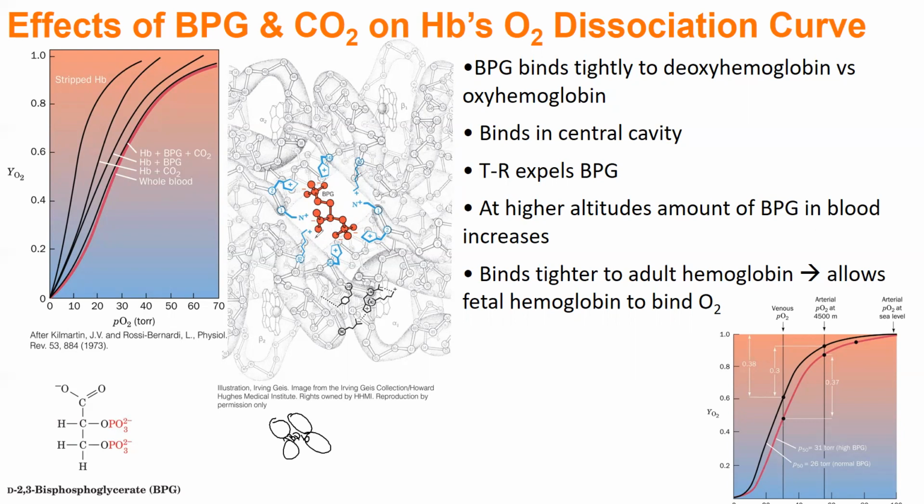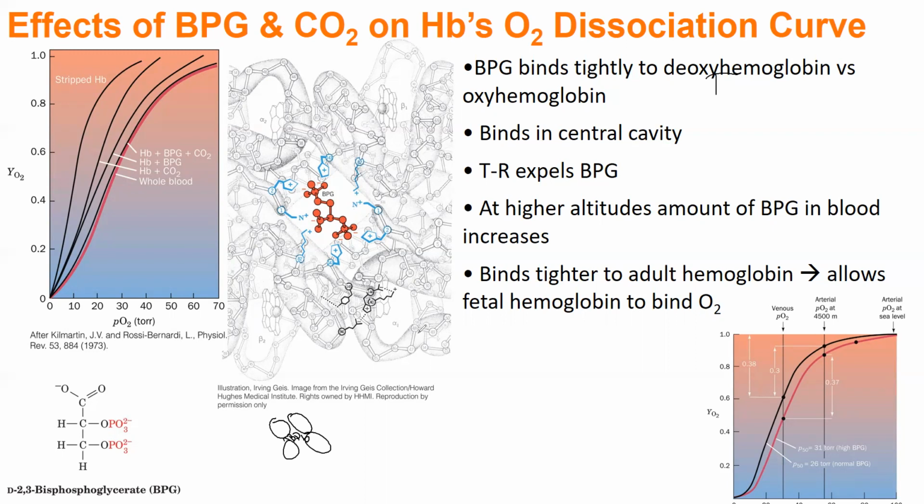BPG will bind to deoxyhemoglobin, or the T state, much better than oxyhemoglobin. In fact, if you bind oxygen and switch to the R state, BPG can no longer really bind, and so it's expelled out of the central cavity.